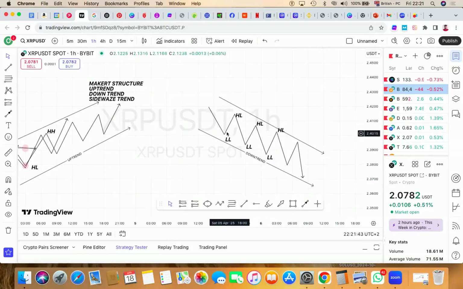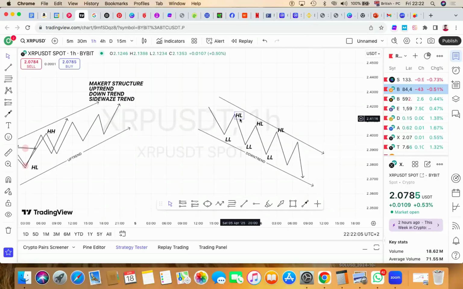And in a downtrend, what you would always see is a lower low, a higher low, and a lower low, right? So why is this a higher low? Because this high here is actually higher than the next one.